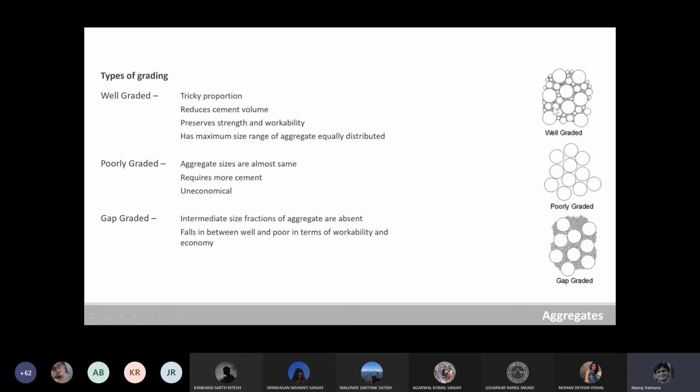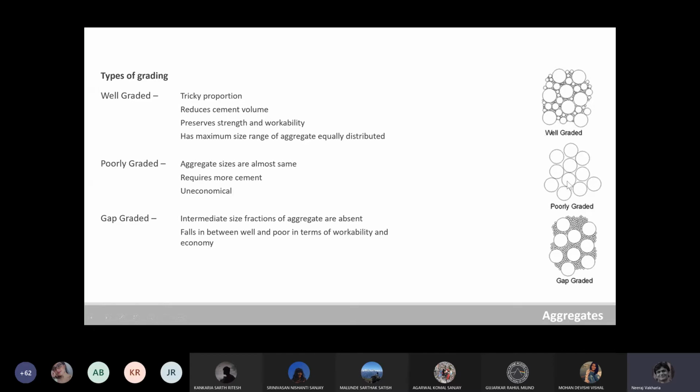in the concrete. Okay. Poorly graded aggregates have sizes which are almost the same and require more cement. And it is uneconomical. Since it requires more cement, of course it is going to be uneconomical.